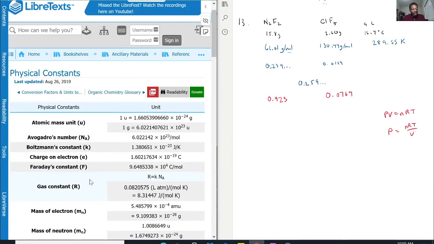And now we multiply that by the temperature, 289.55, and divide by the liters, which, as we discussed, was 9. And for this one, the pressure is going to be 0.6332. And we can put ATM as a unit, because the mole fraction doesn't have a unit, since it's moles over moles, so this cancels out.